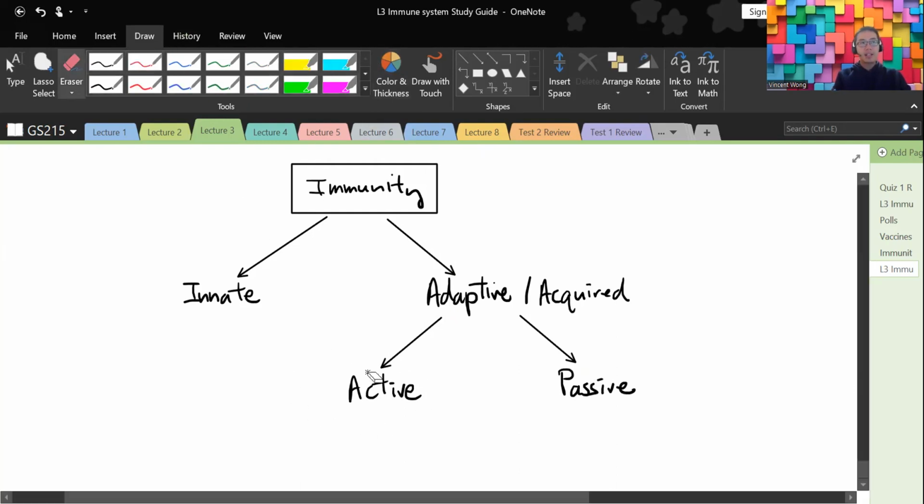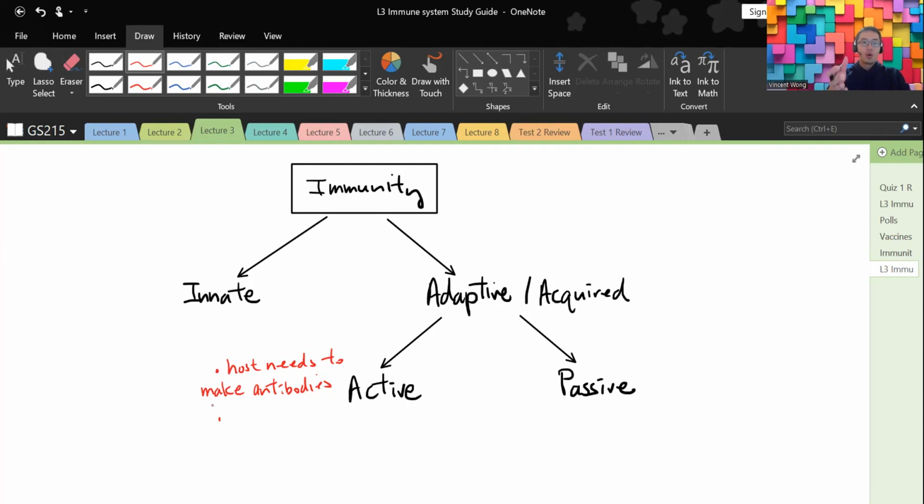In active adaptive immunity, active means the host needs to make antibodies. The host is the person who has the infection, so like you are the host.